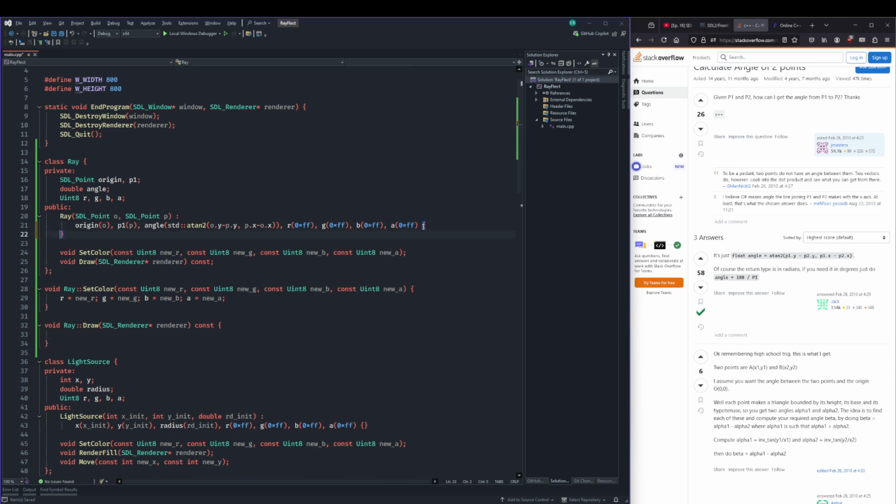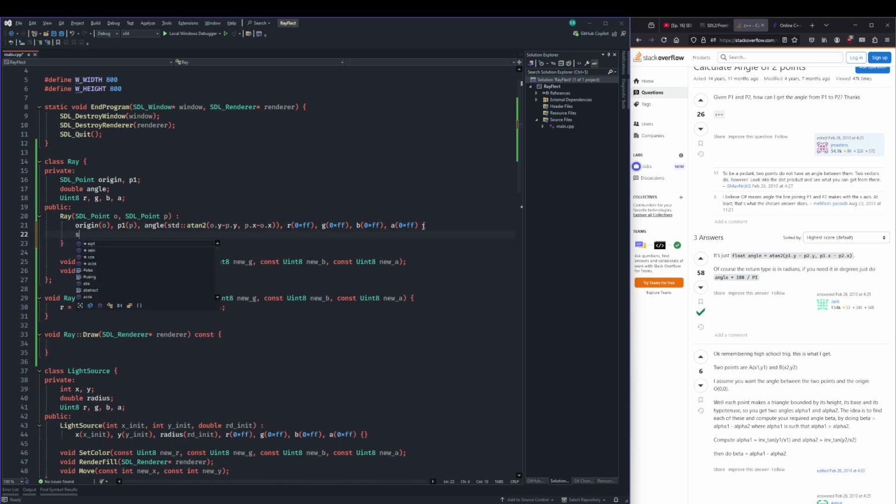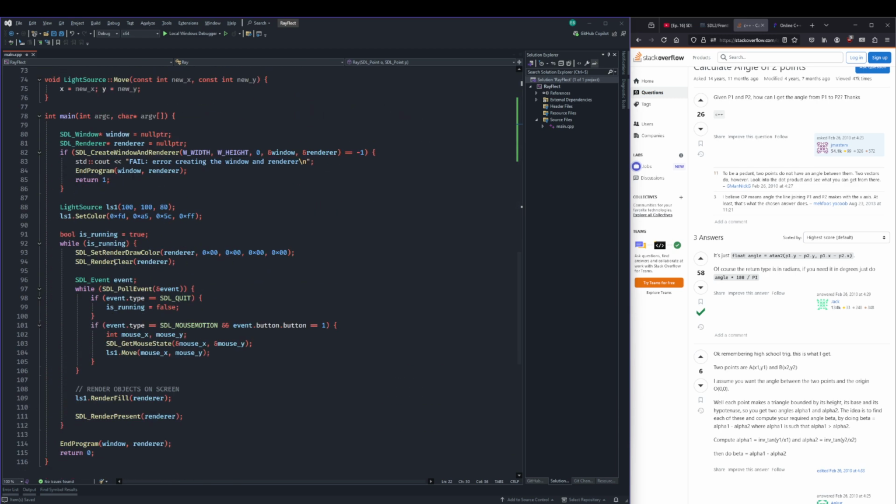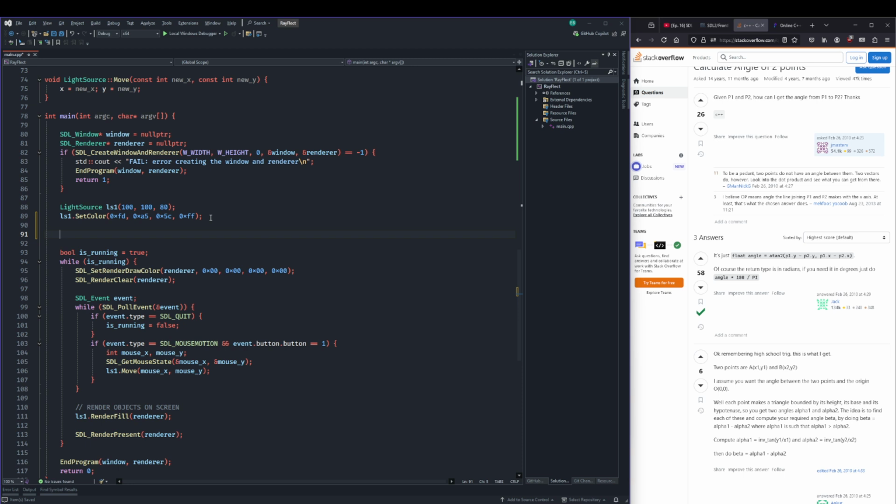Let's just make sure that this gives us the right thing. So I'll just make it print the angle whenever we create a ray. So let's see. If we go over here, let's create a few rays. So ray r1, and we'll give it 2 points, right?